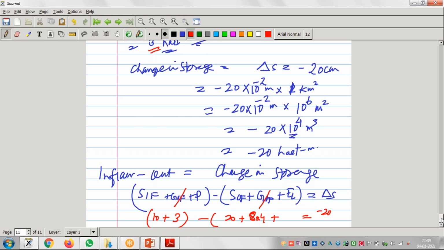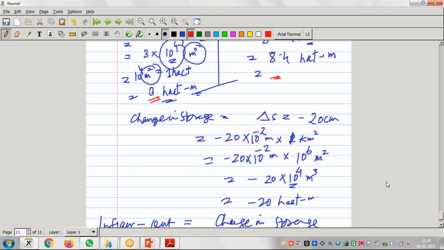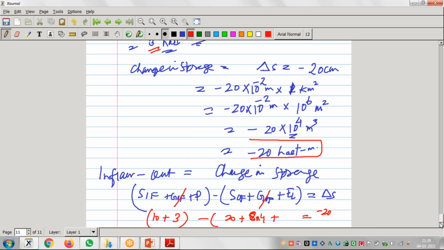We have just calculated this change in storage. So I have written minus 20. What we have to find actually? Determine the seepage loss. Seepage loss is nothing but this one, so here we will write it.